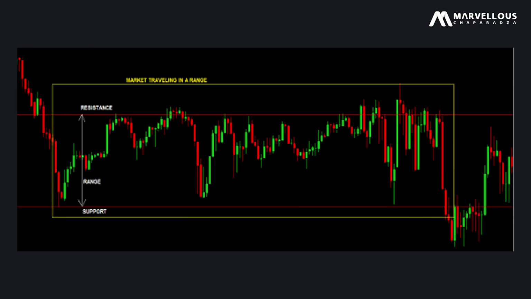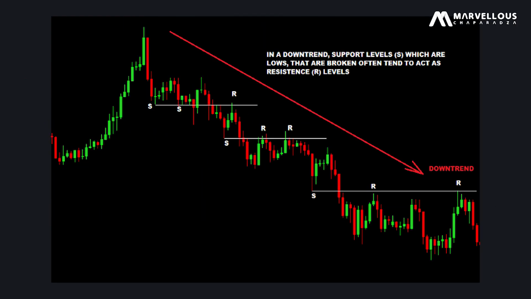Alright, so this image is an example of support and resistance zones or levels in a sideways market. You will see that the areas where the market is reversing directions are in these support or resistance zones.